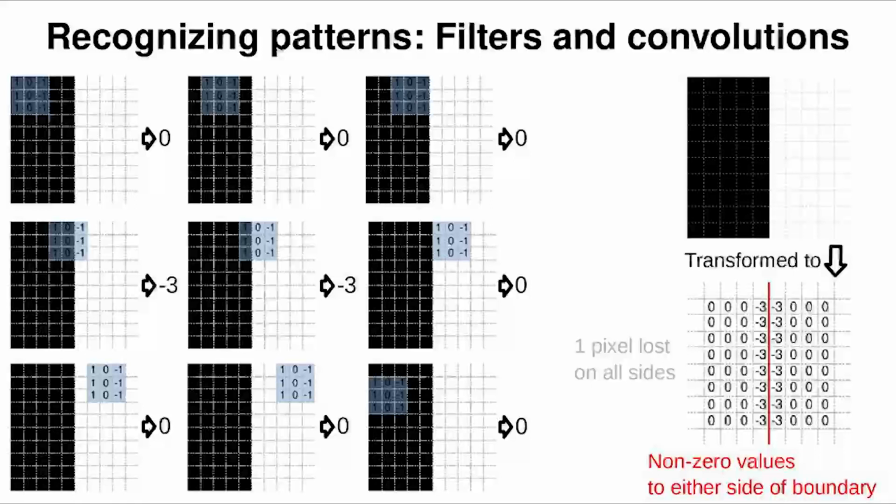So, in that image, a boundary with a width of one pixel is lost on all sides. Normally, that is not a problem, as we rarely look for features that are located directly on the edge of an image. However, shortly we will see how to avoid losing pixels at the edges if necessary.